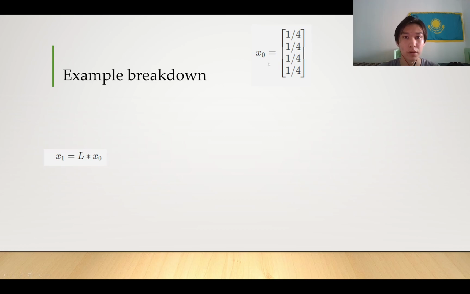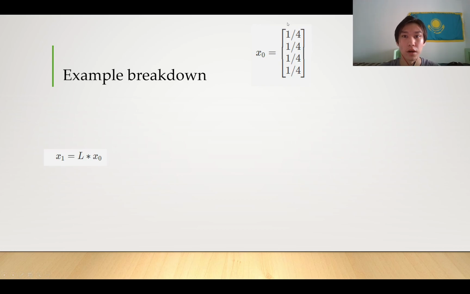So we have reached the example breakdown section of this presentation. The initial vector of probability distribution looks like this. Because we have 4 web pages, the probability of starting on each of them is equal, which is 1/4.